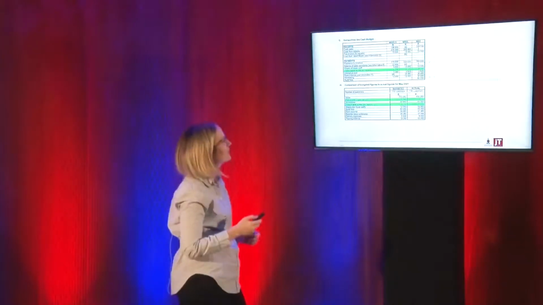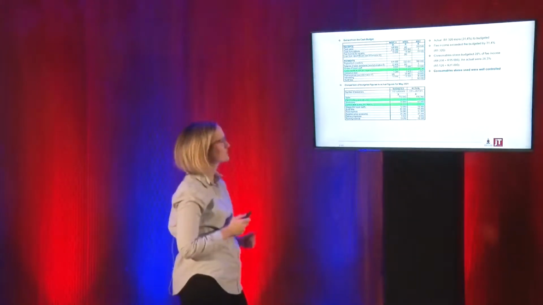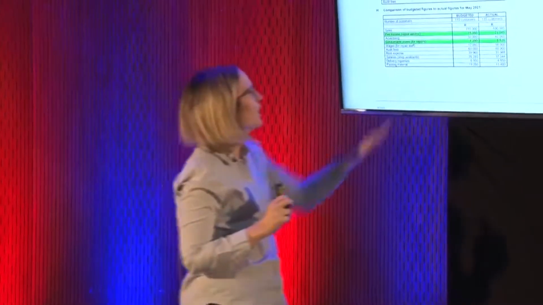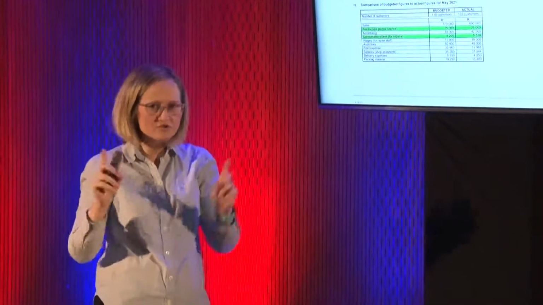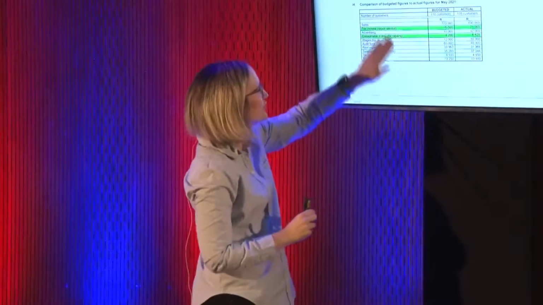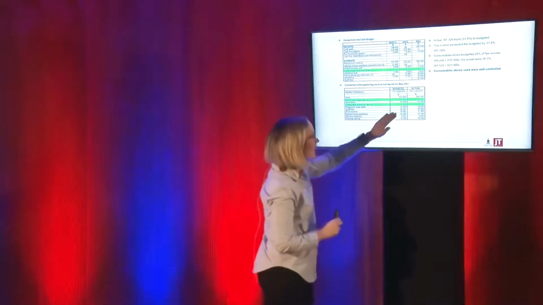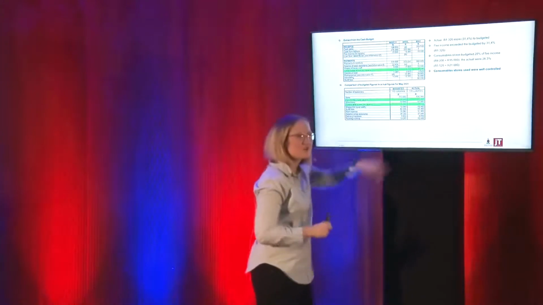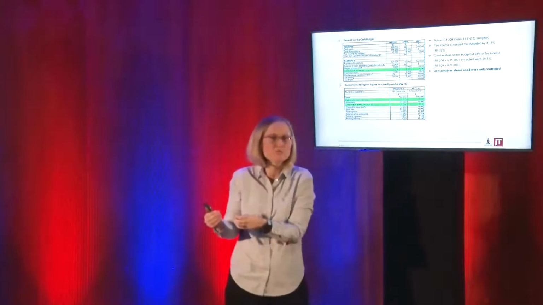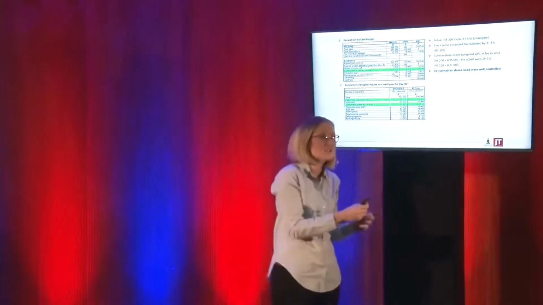Another example, if we look at consumables. If I just look at consumables, well, we overspent. It means not well controlled. Not true. The consumables is linked, connected to the fee income. My fee income increased. So if my fee income increased, it means that my consumables should increase as well.